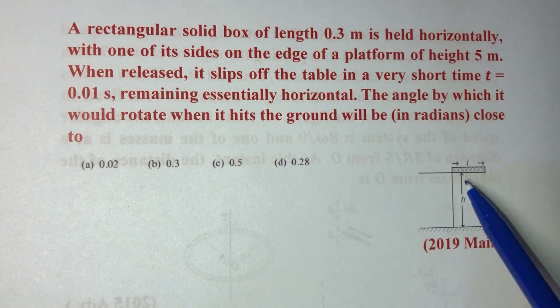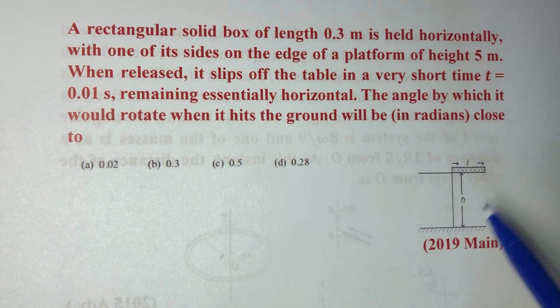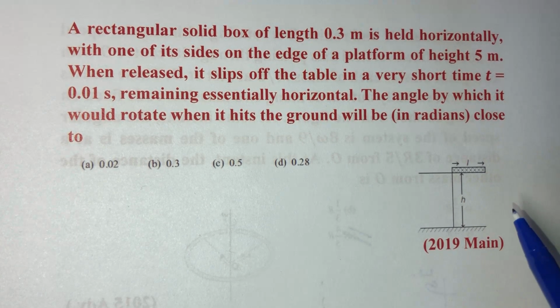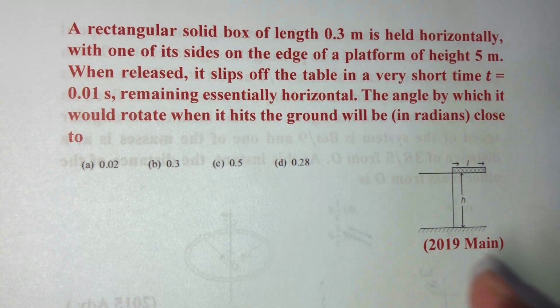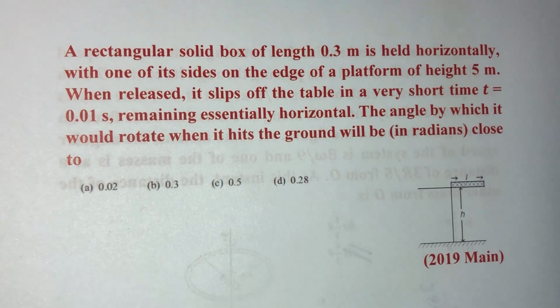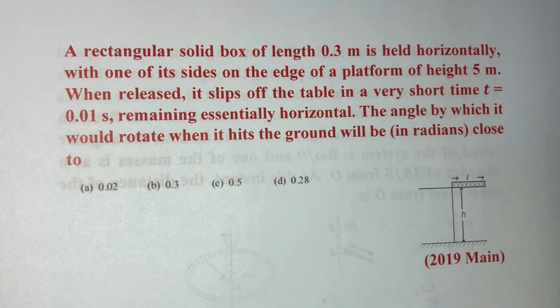As soon as it is released from the table, this box is going to slip and rotate, and we have to find the angle by which it rotates before it hits the ground. Okay, so first of all, let's find the time taken by the box to fall and reach the ground.